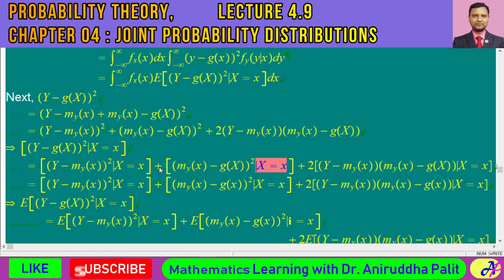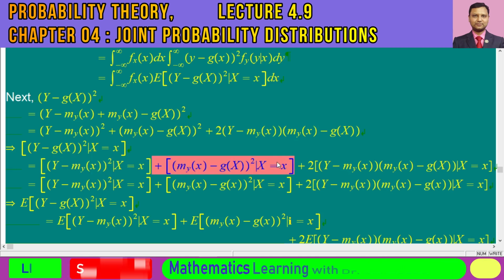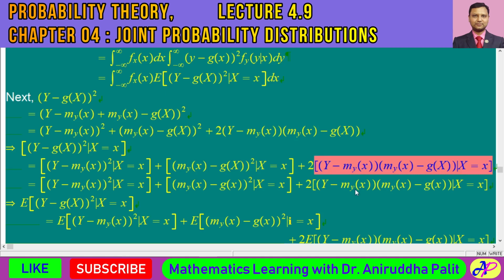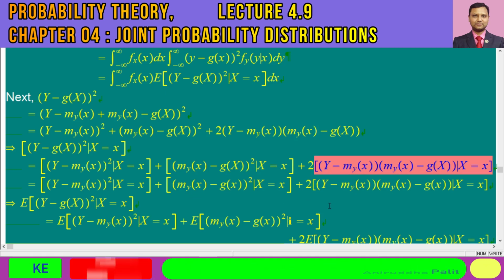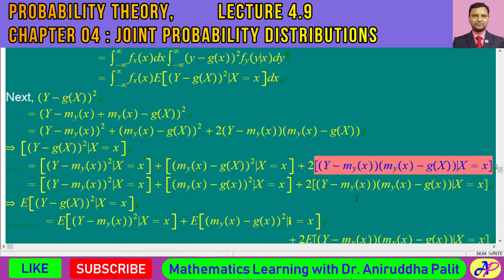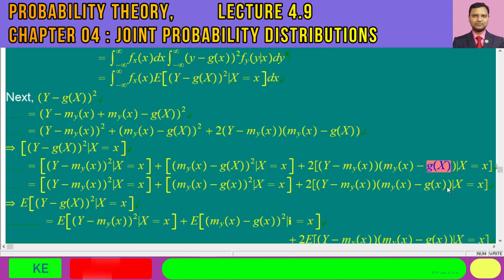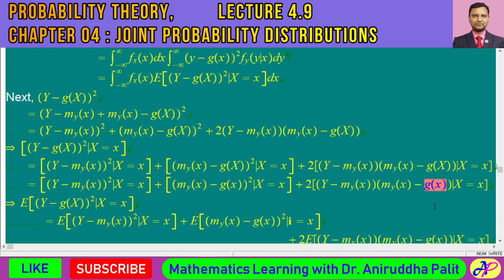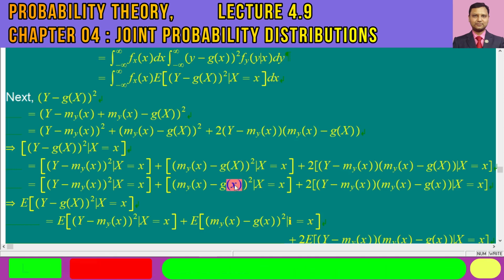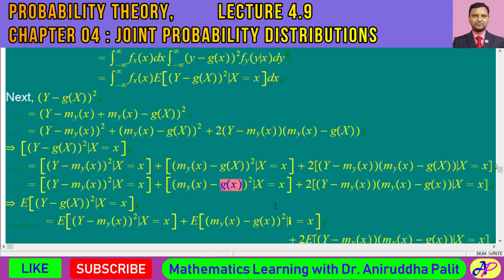Over here, g of capital X, if we put X is equal to small x, can be written as g of small x. Similarly over here, if we put capital X is equal to small x, in place of g of capital X we have g of small x.